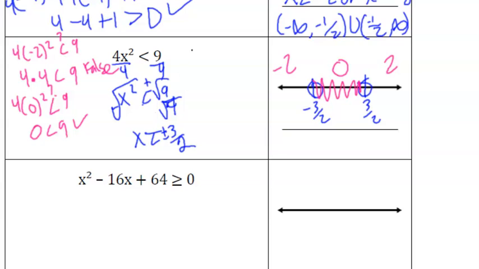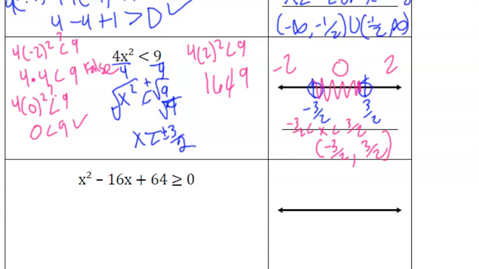And then let's try 2. 4 times 4 is 16. 16 is not less than 9, so we're going to not shade that in. So our answer is negative 3/2 is less than x is less than 3/2, also known as parentheses negative 3/2, comma 3/2.